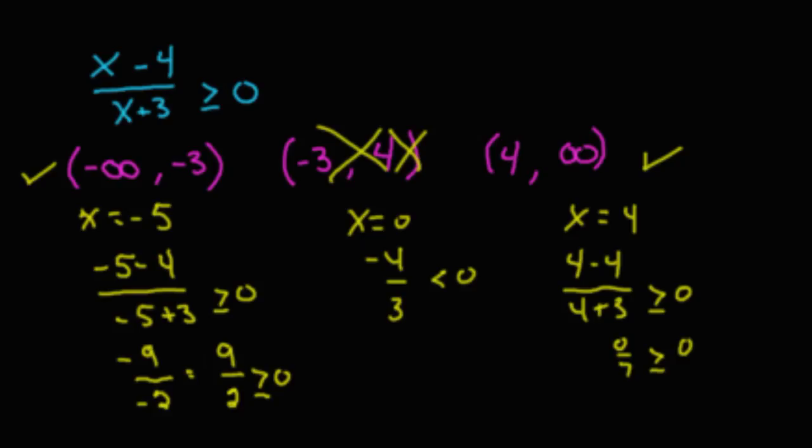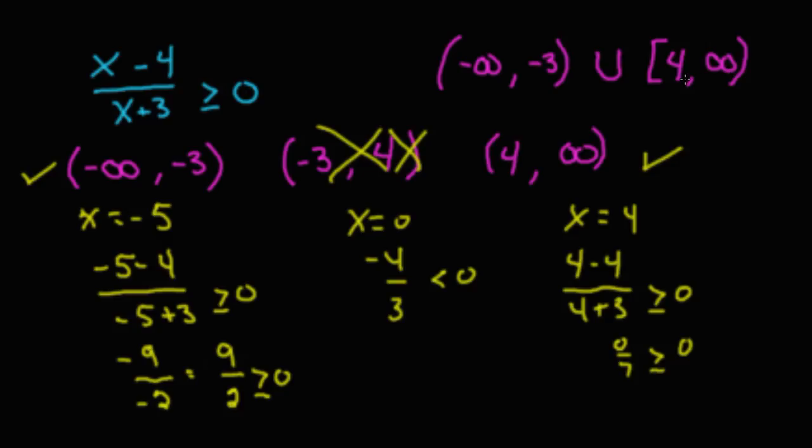So now our interval for our solution is negative infinity to negative 3, and then we say it's the union of, just by drawing a U here, 4, and then we have a bracket because that's equal to 4 to infinity.